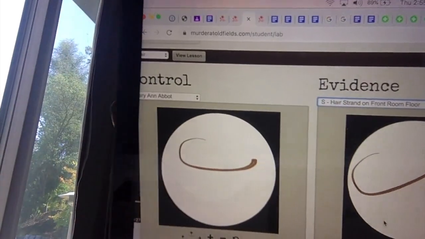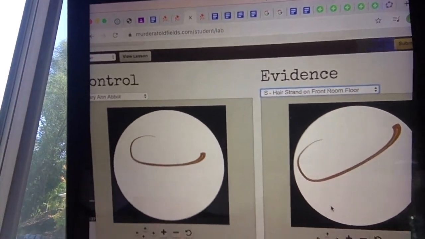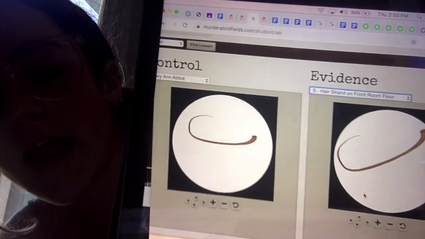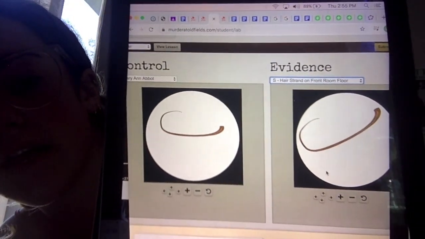The next suspect's control sample was comparable to the hair strand on the front room floor, and the sample belonged to Mary Ann Abbott. These are the two compared. Both are curly and brown in color, the medulla pattern was intermittent and the medulla structure was absent, and the scale pattern on both is imbricate.